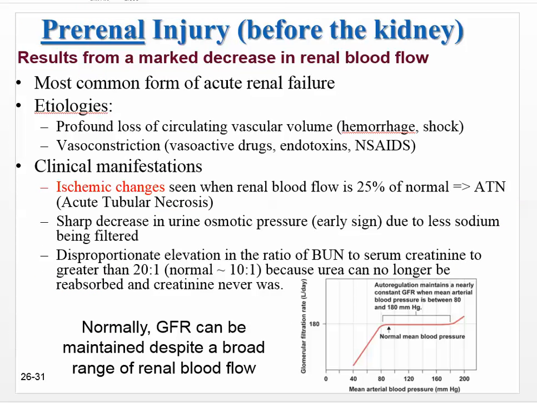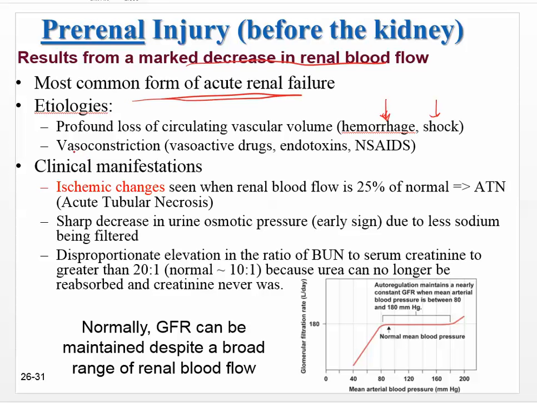Pre-renal injury, before the kidney, results from a marked decrease in renal blood flow. Most common form of acute renal failure, profound loss of circulating vascular volume. What are we talking about? Circulating vascular volume. We're losing blood. Hemorrhage, shock. Something is causing blood flow to the kidneys to be decreased.